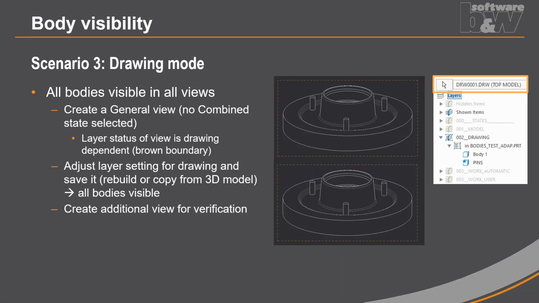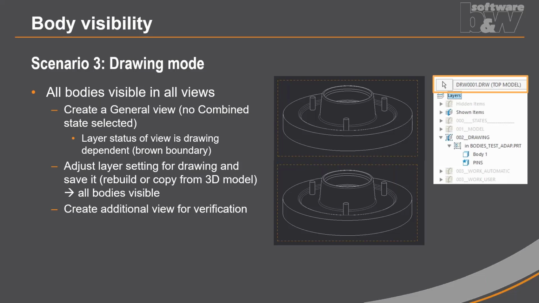That's drawing mode. And the first scenario, very easy, very simple. I want to have a general view that shows all my bodies. For this, I have one option: I'm creating a no combined state view, and the layer status of the view is drawing dependent.